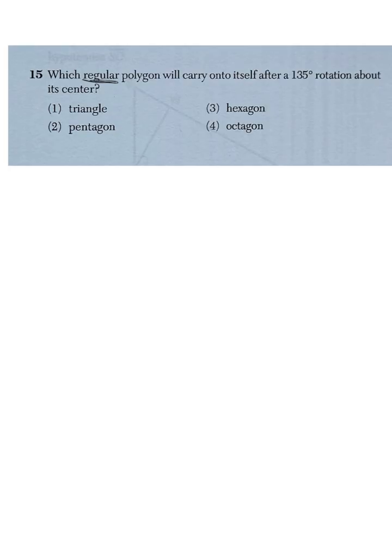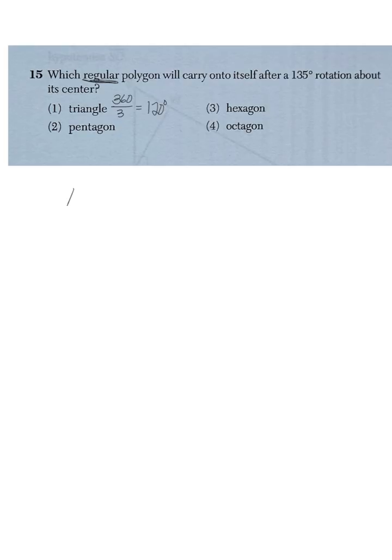So what you do is you start with that 360-degree figure and you divide it by the number of sides of the figure. So in this case, a triangle has 3 sides. And then I do that and I get 120.